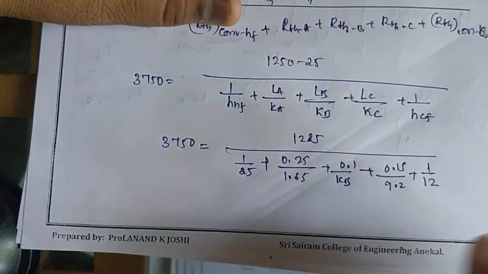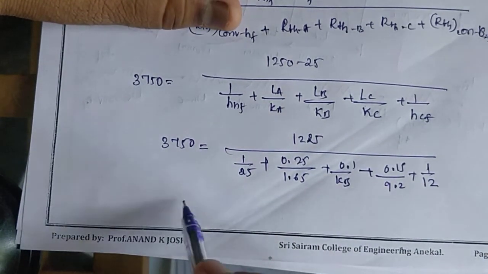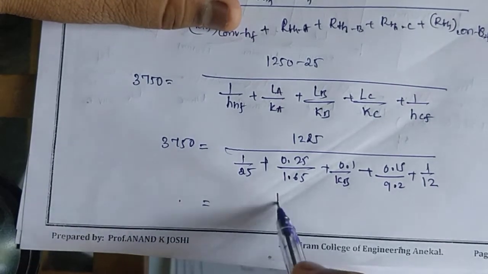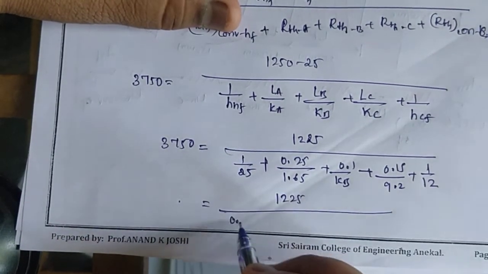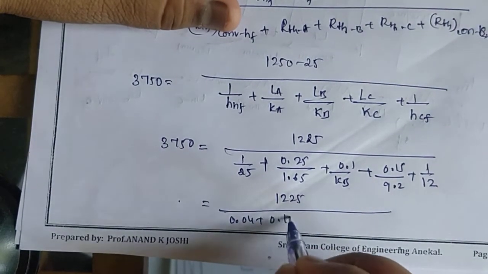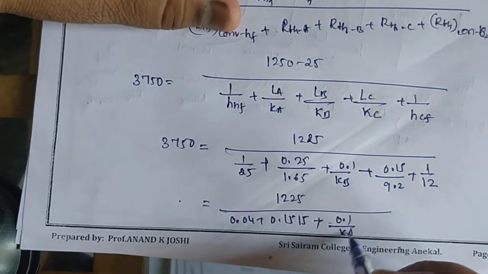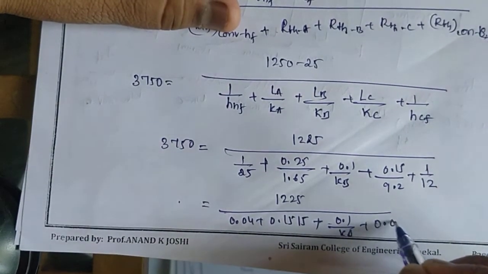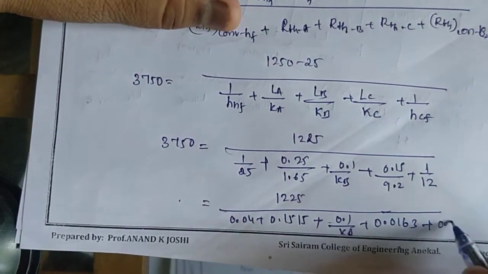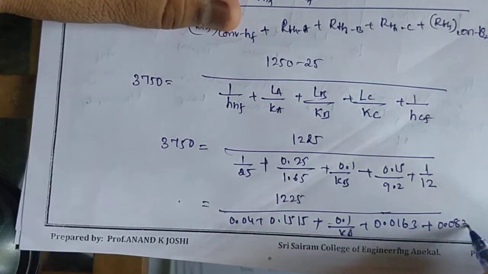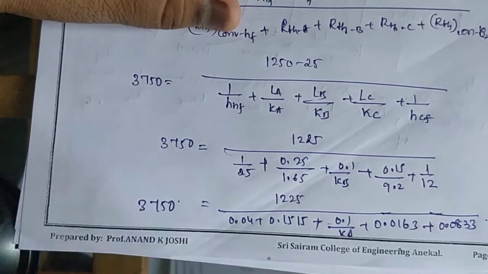Finally, after this we can write 1225 whole divided by (0.04 plus 0.1515 plus 0.1 by KB plus 0.0163). You calculate all these values, you will get 0.0833. This side is 3750.